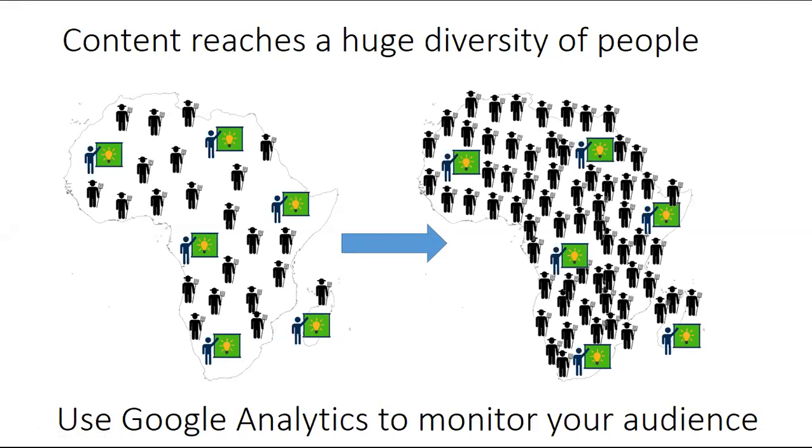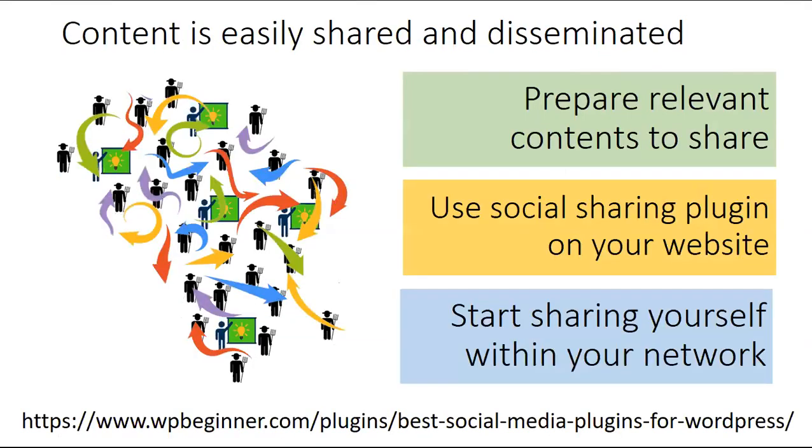As we saw, people look at your website through direct referral sometimes, or a mail reference, or from social media, or sometimes also through organic search, and so on. So this is why we are going now to talk a little bit about the sharing and dissemination.